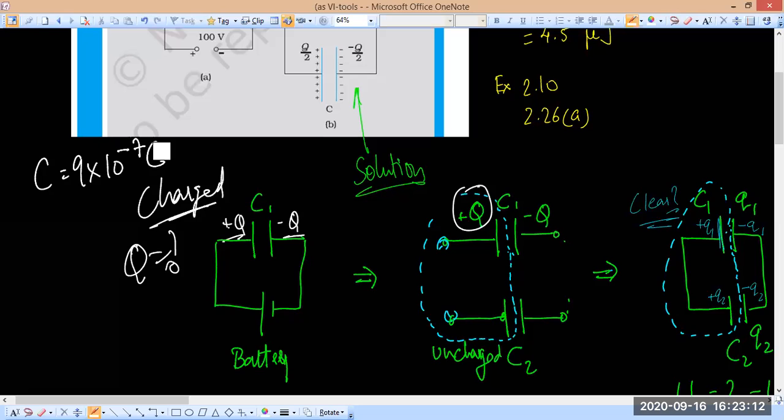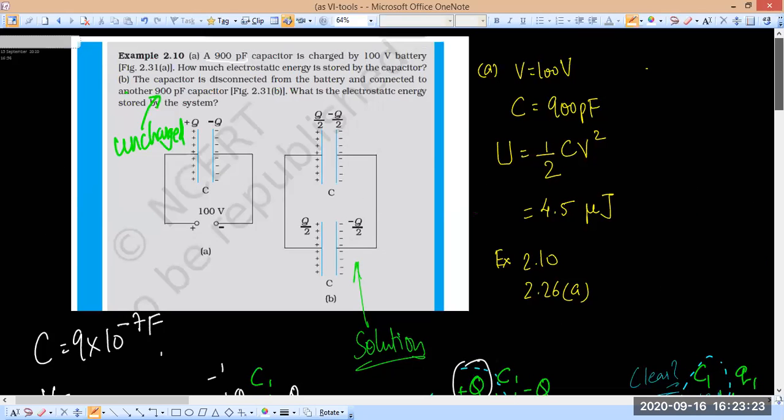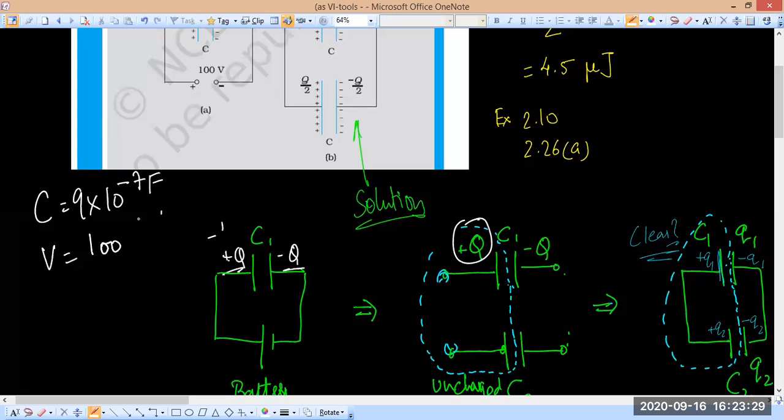Sorry, farad. Right? And battery voltage is, what's this battery voltage? 100 volt. All right. Right? So charge stored is C into V, that is 9 into 10 raised to minus 5 coulomb.